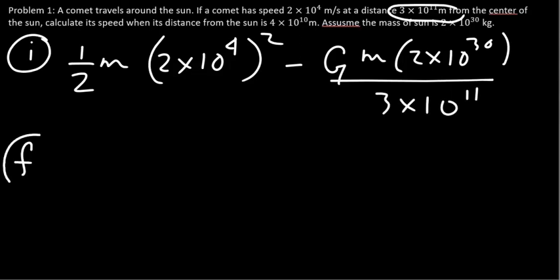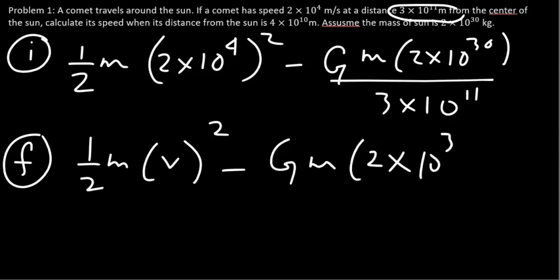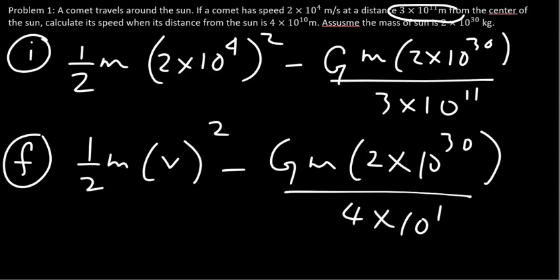And at the final point, its kinetic energy is half times mass, the new speed we don't know, that's what we want to determine. Its gravitational potential energy is minus G, mass of the comet, the mass of the Sun, which is 2 times 10 to the power 30, divided by the separation, which is 4 times 10 to the power 10. By conservation of energy, these two numbers must match.